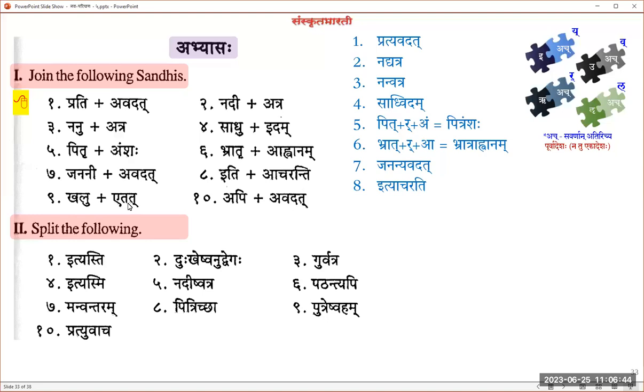Okay. Then khalu etat. Khalvetat. Khalvetat. Vakara, ekara. Okay. Khalvetat. So lakara joins the vakara into a compound there. Okay. Api avadat. Apyavadat. Apyavadat. Okay. Apyavadat, Yakara. So what we have seen are Ya, Va, Repa, Ya, and then Ya, then Va, Ya.